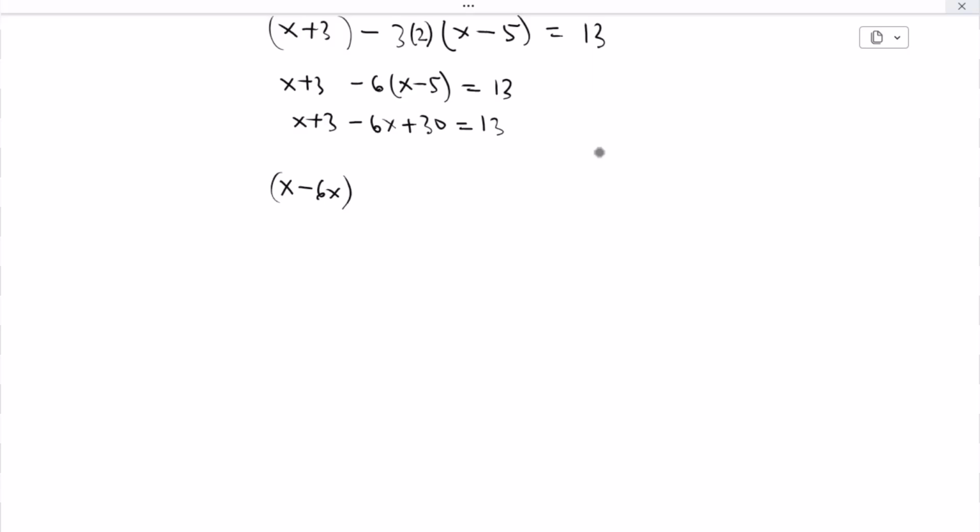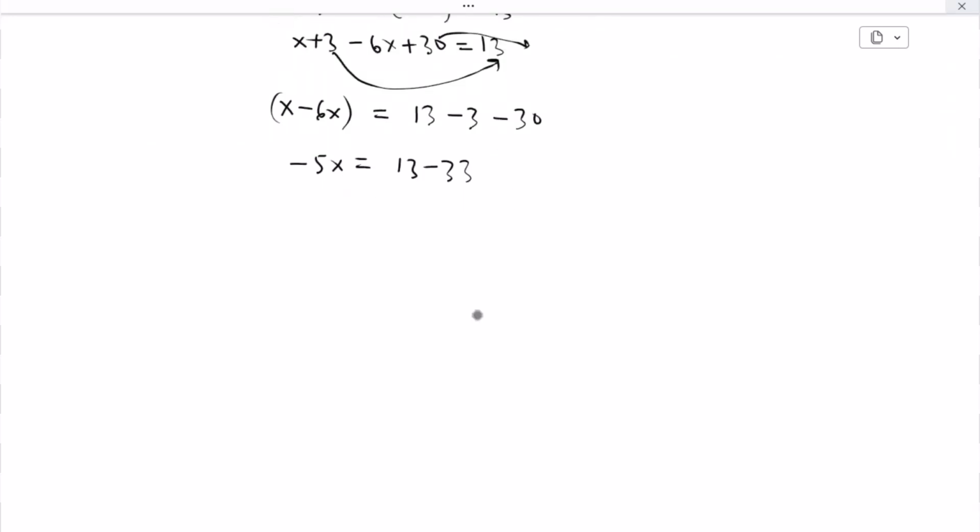Then we can move the numbers to this side. So we'll be having this to be equal to 13 minus 3 minus 30. Now this negative 5x is equal to 13 minus 33.